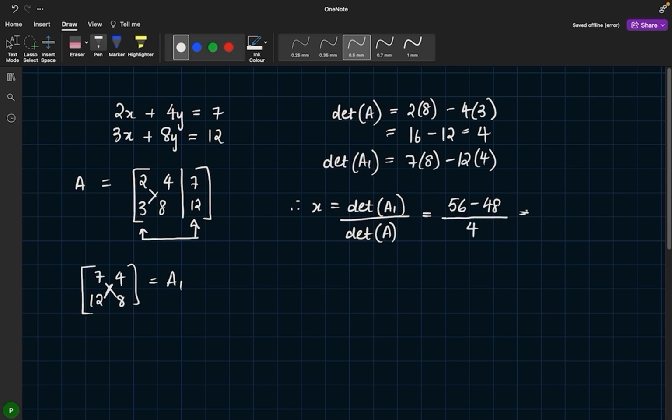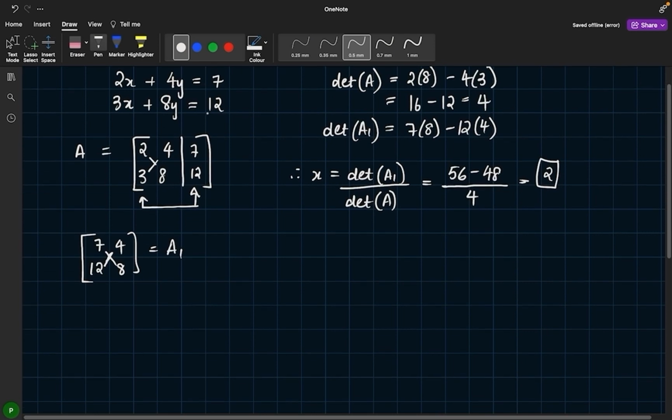And if you do this, 56 minus 48 divided by 4, you get x is just 2. That's the value.